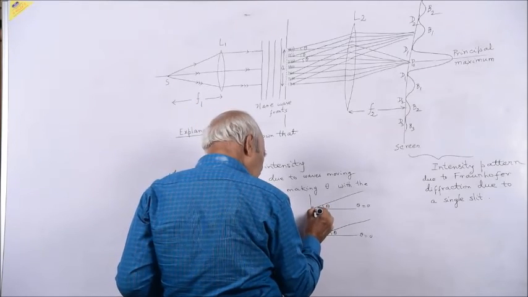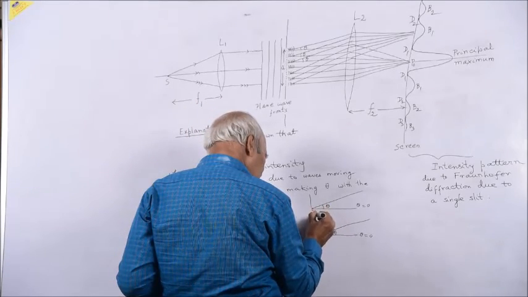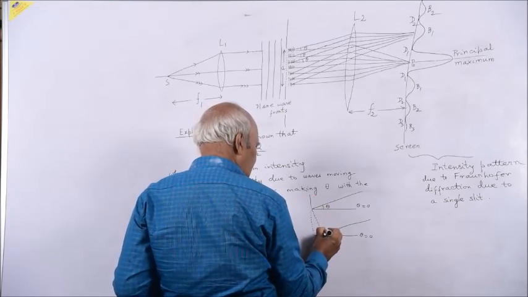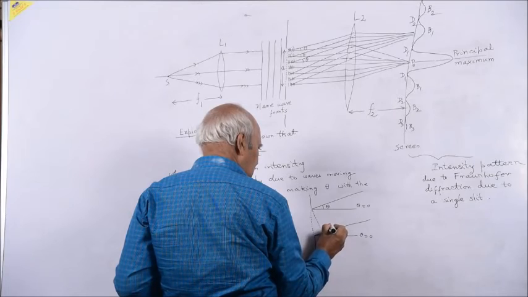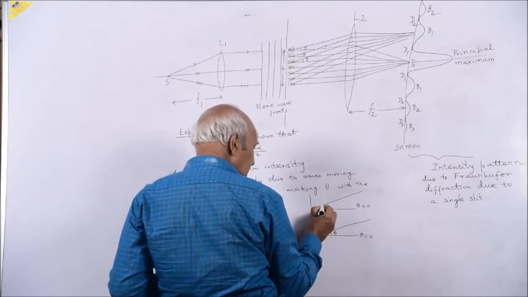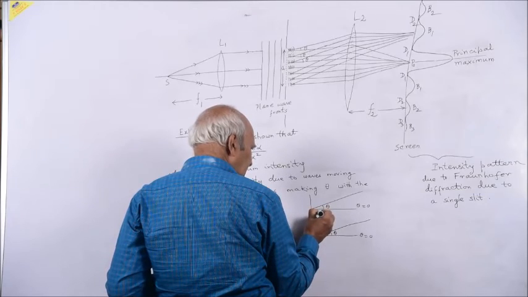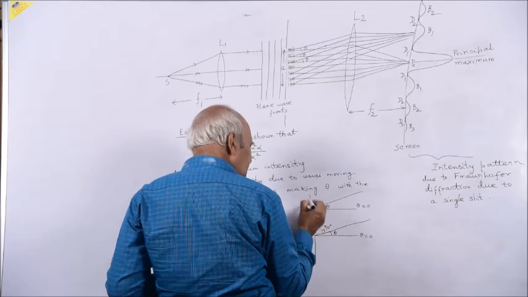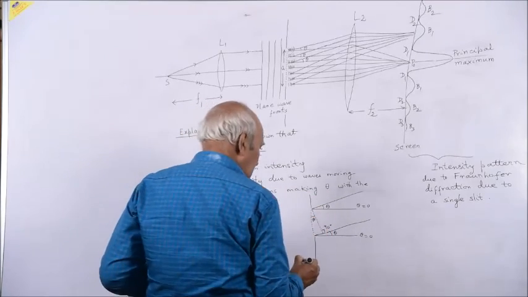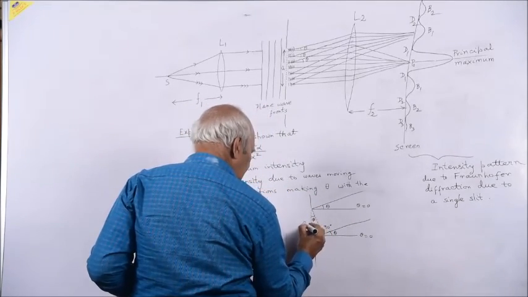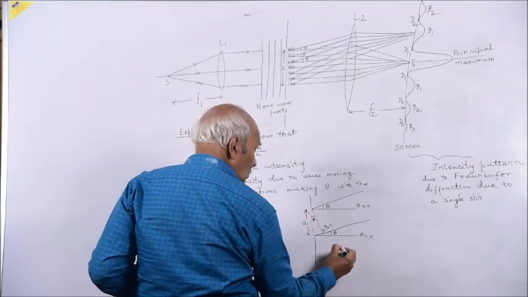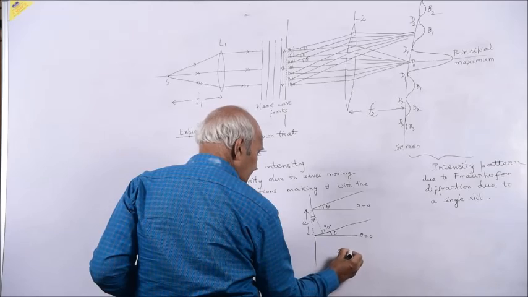If you drop a perpendicular on this second line, then you can see that this plus this angle is 90 degree and this plus this is 90 degree. So, this angle is theta and this is a.